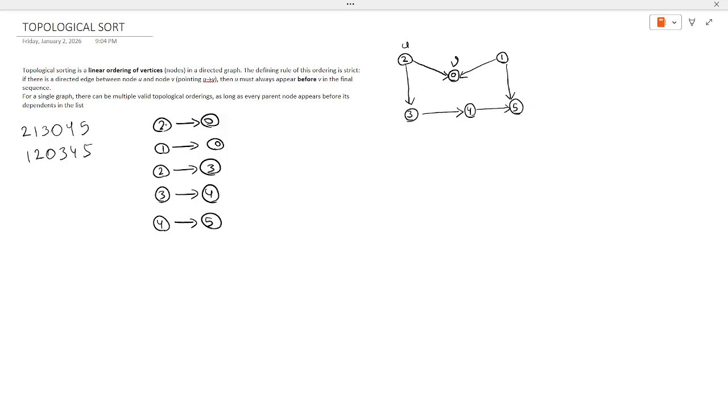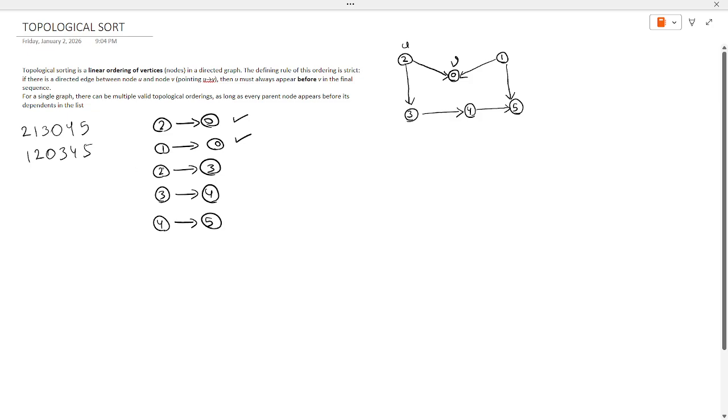So if I consider this edge 2 to 0, and if I consider the first order, 2 appears before 0. Hence this edge is valid. And if I consider 1 to 0, 1 also appears before 0 in this order. Hence this edge is also satisfied.